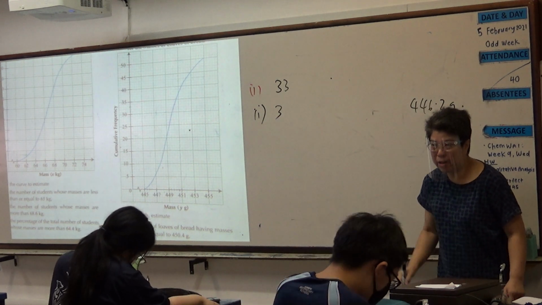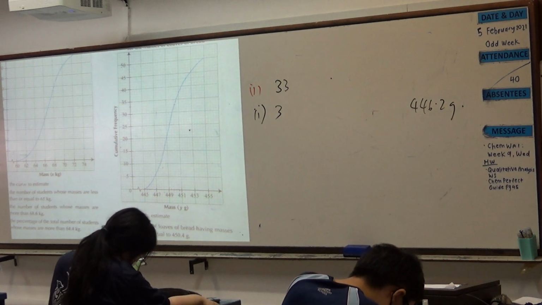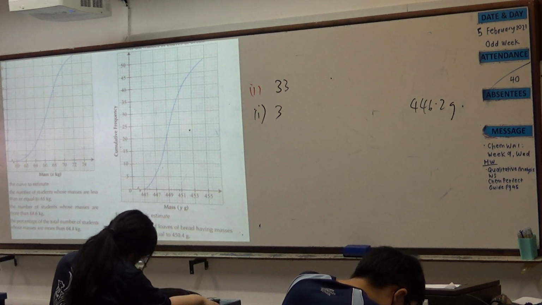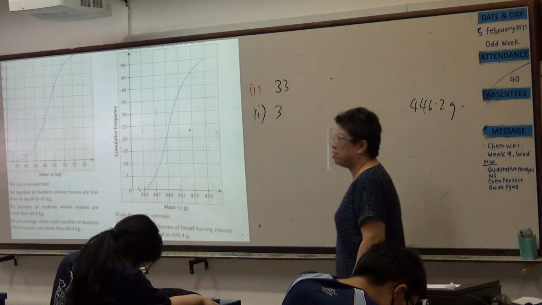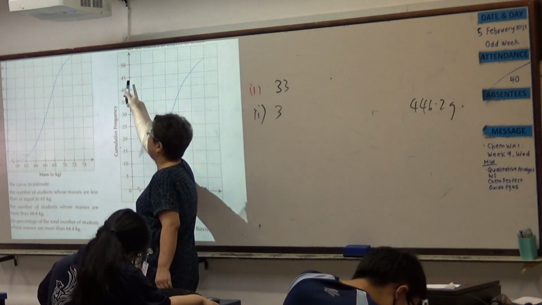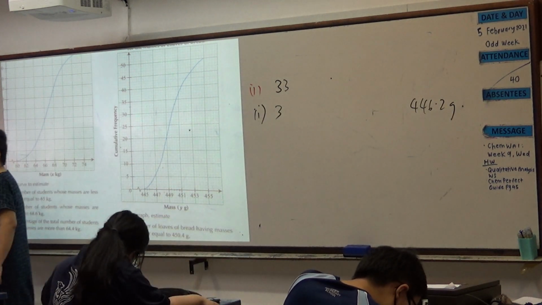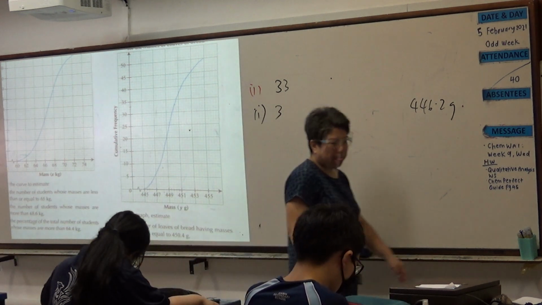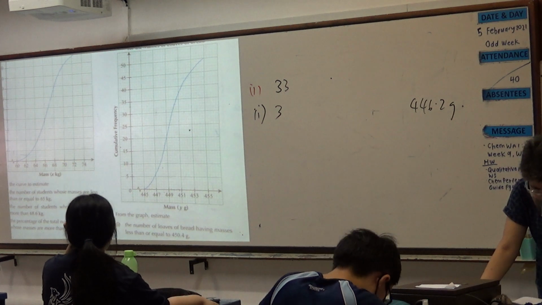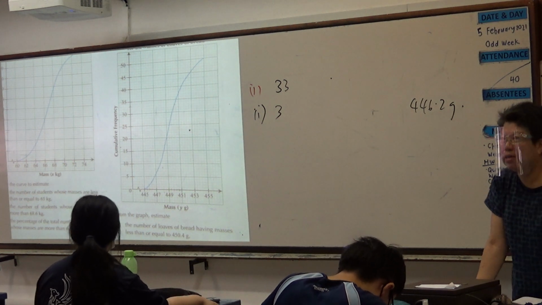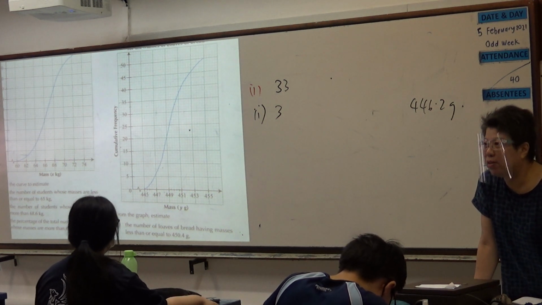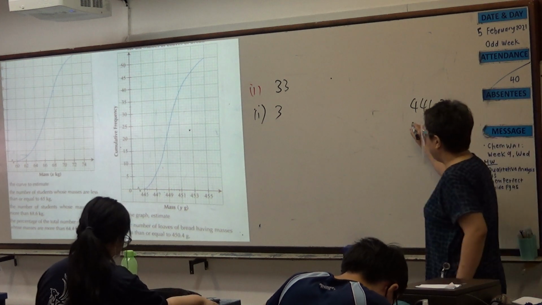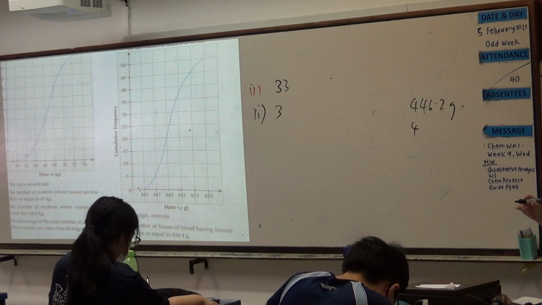Agree or not, class? Okay, now, bread that weighs over 453.6. Okay, I want you to read 453.6, the value here. It should be 47, right?